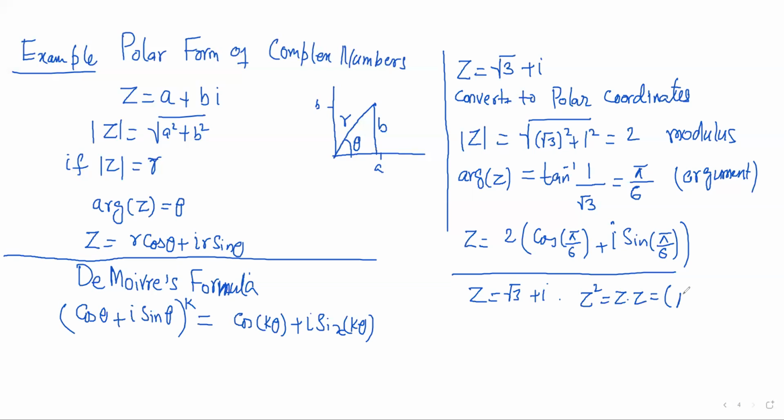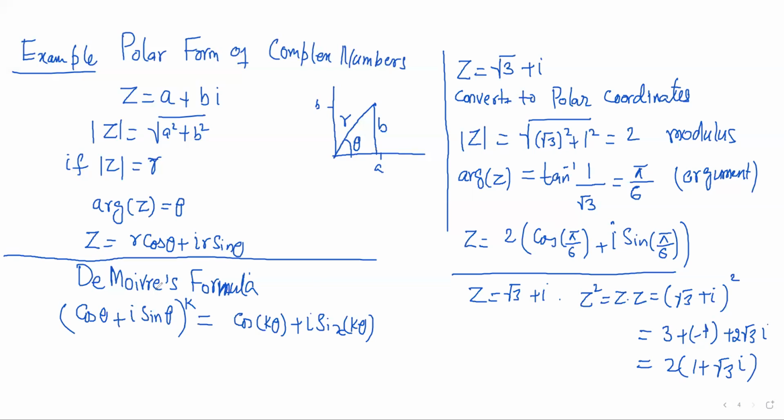So it will be (under root 3 plus iota) square. That is 3, plus iota square which is -1, plus 2 under root 3 iota. So 3 minus 1 is 2, and we get 2 into (1 plus under root 3 iota).